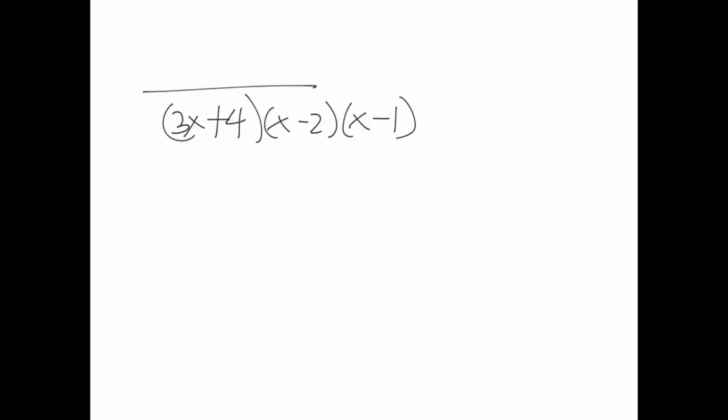Now, since 3x plus 4 times x minus 2 times x minus 1 is your denominator, you will get 9x plus 2, and because the denominator is 3x squared minus 2x minus 8, when you get 3x plus 4 times x minus 2, it will equate to that. So the remaining is x minus 1.